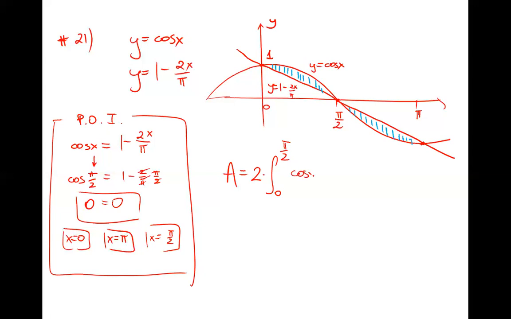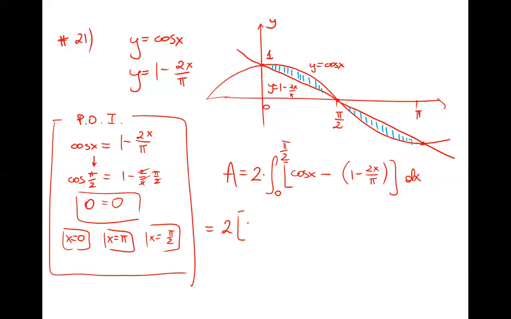That means we will have cosine of x minus 1 minus 2x over pi dx. Okay, we can try to evaluate this integral. Let's not forget the 2.